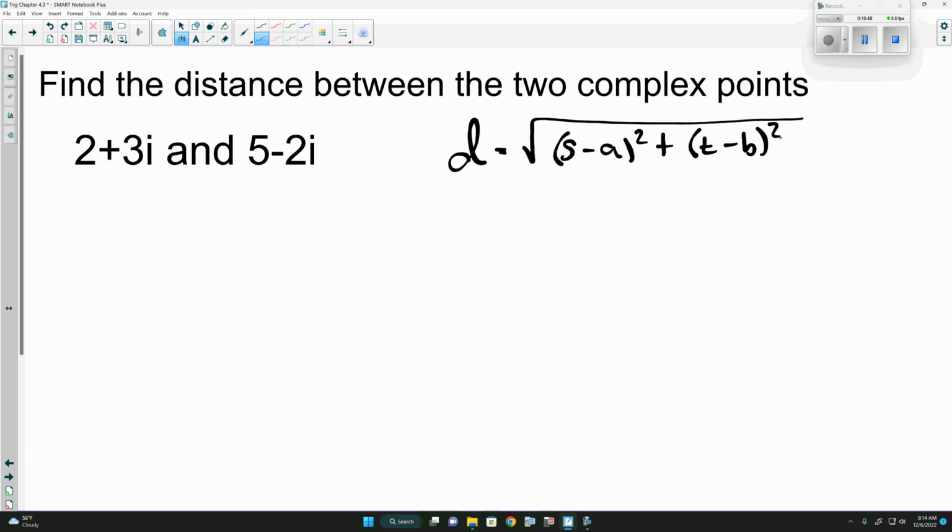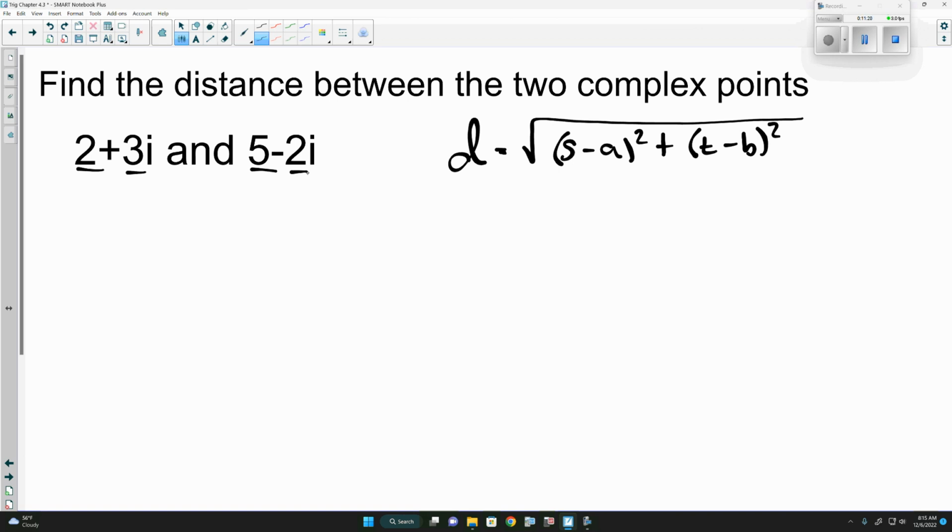And as odd as that looks, it's nothing new. Because we're used to seeing it with x1, y1, x2, y2. But we can't necessarily call it x1, y1 because we don't have an x and y value specifically, or what we're calling an x and y value. But the 2 and 5 here are on the real axis, which is a part of the x. So essentially, if we could think of it that way, the x-axis.